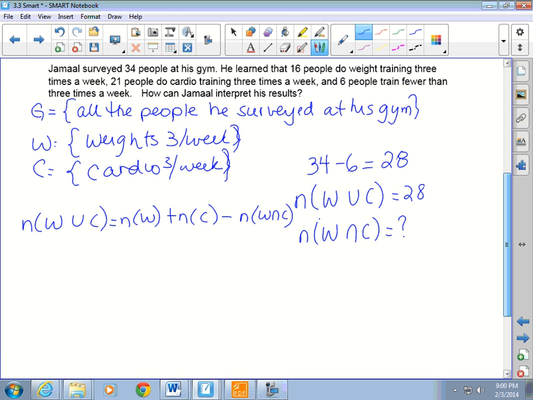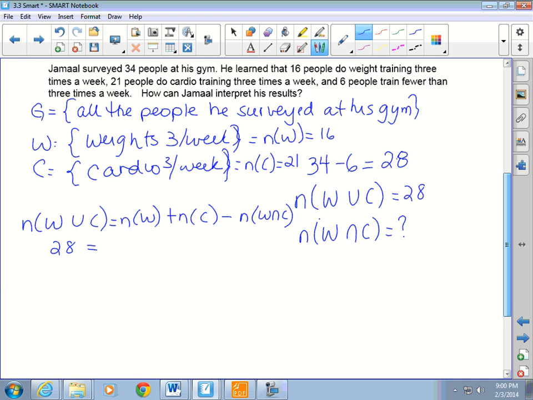So if I look at my information, I know that the number that do weights is equal to 16, and the number that do cardio is equal to 21. If I put in my known facts here, the number that do weights or cardio was 28.